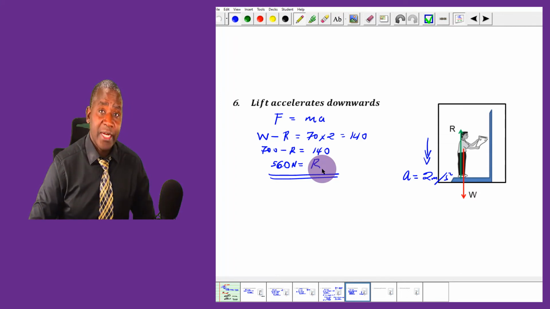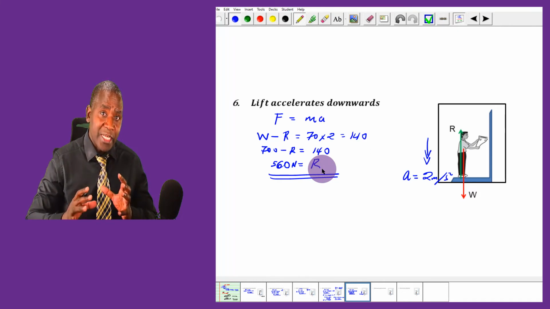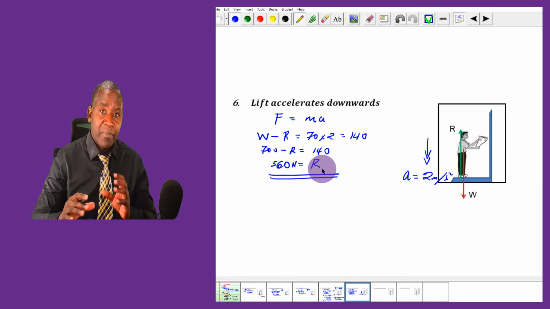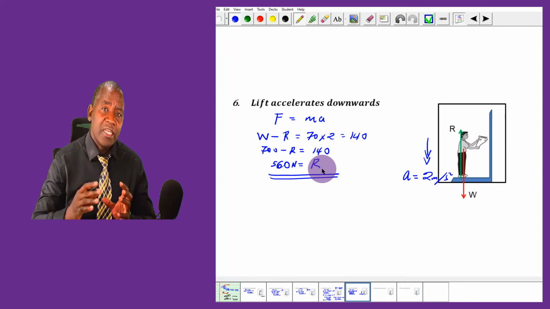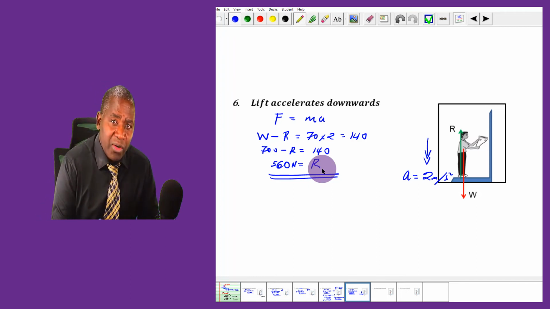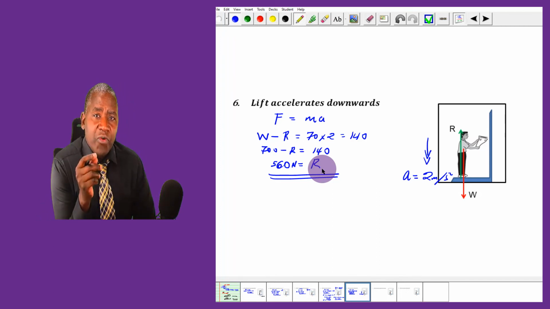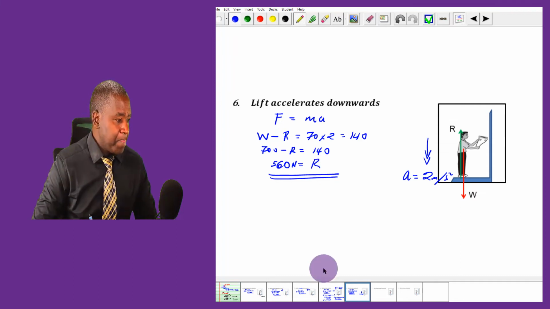Remember, it is during acceleration of the lift that the person usually experiences this dizziness momentarily. Like I said, it's not a serious thing. It's not something to be worried about, but if you're very keen, you will be able to notice. So let's go to the next section.